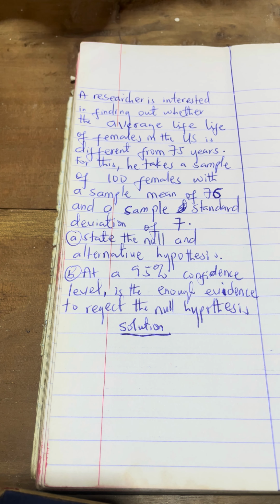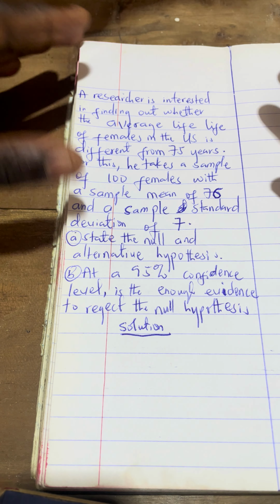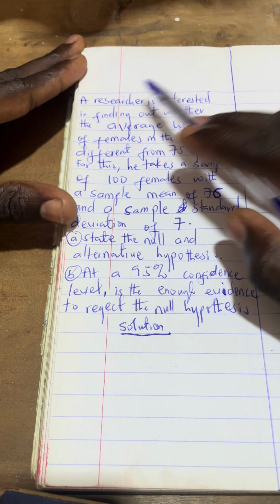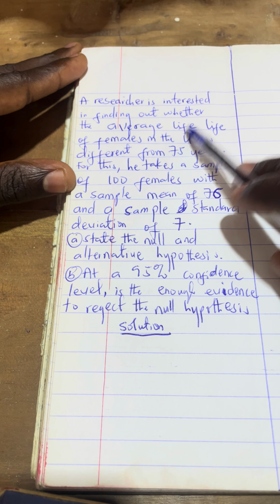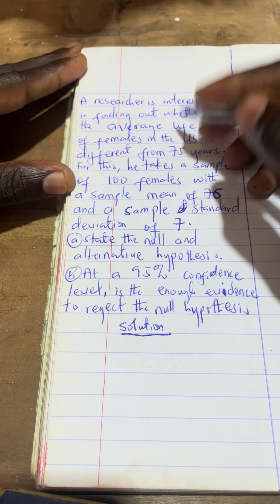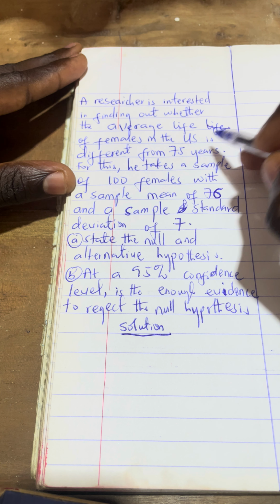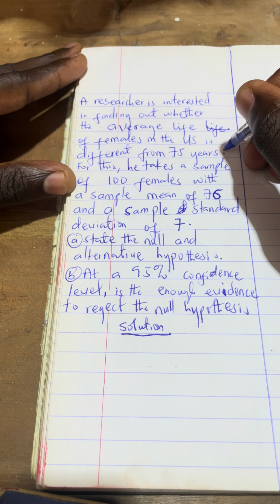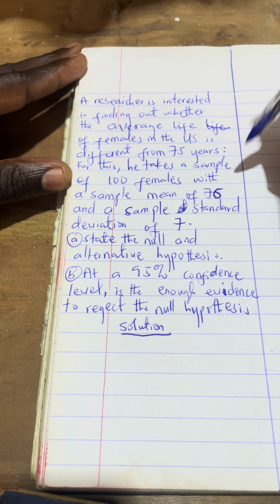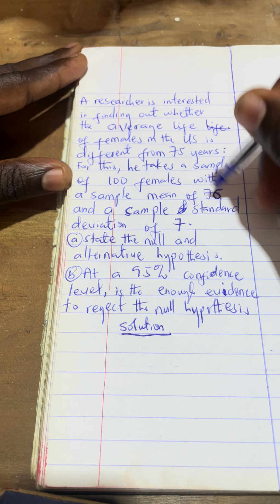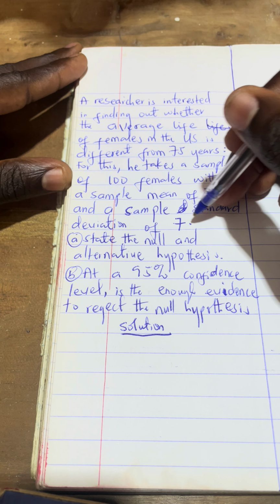This hypothesis test, and we are using the T or the Z test. So let's look at this question. It says a researcher is interested in finding out whether the average life of females in the US is different from 75 years. For this, he takes a sample of 100 females with a sample mean of 76 and a sample standard deviation of 7.